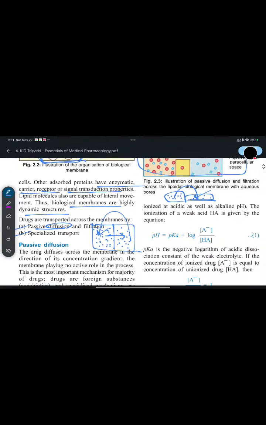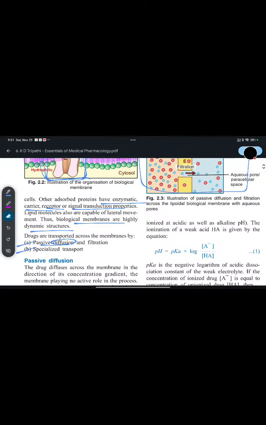Yes or no? So this is diffusion: transport of substances across the membrane from higher concentration to lower concentration. Anything present in higher concentration will definitely try to go to lower concentration, and that is very natural.